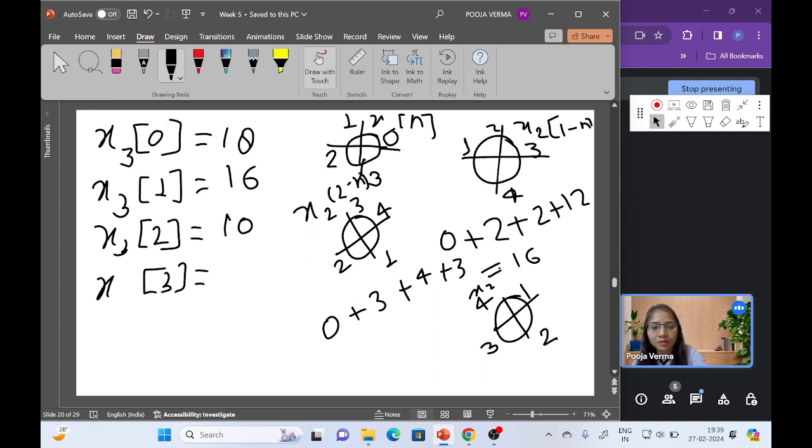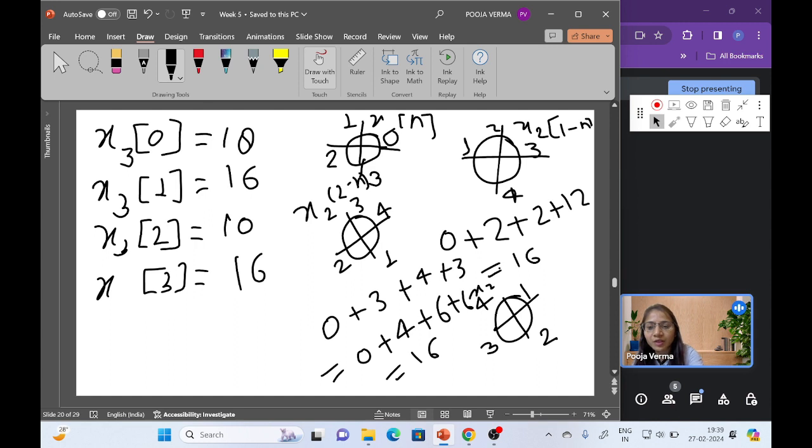Okay, so what will we get? 0 multiplied by 1, so 0, plus 4 into 1, 4, 3 into 2, 6, plus 2 into 3, 6. So 6 plus 6 plus 4, 16.